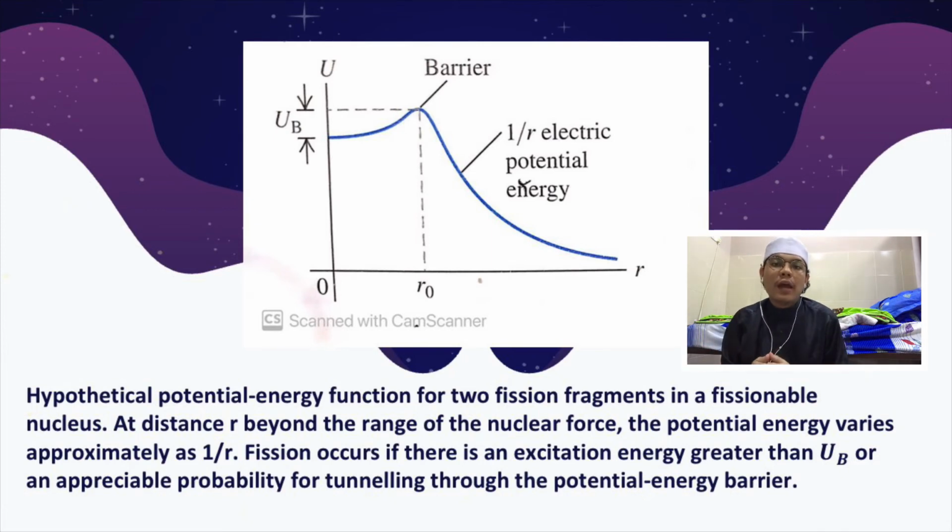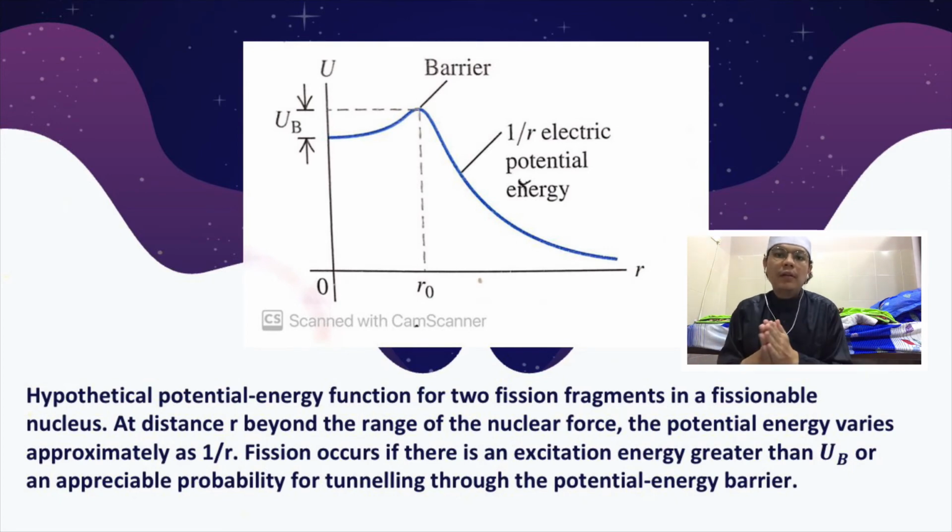If neutron absorption results in an excitation energy greater than the energy barrier height, with the symbol UB, fission can occur immediately. Even when there is not quite enough energy to surmount the barrier, fission still can take place by quantum mechanical tunneling.